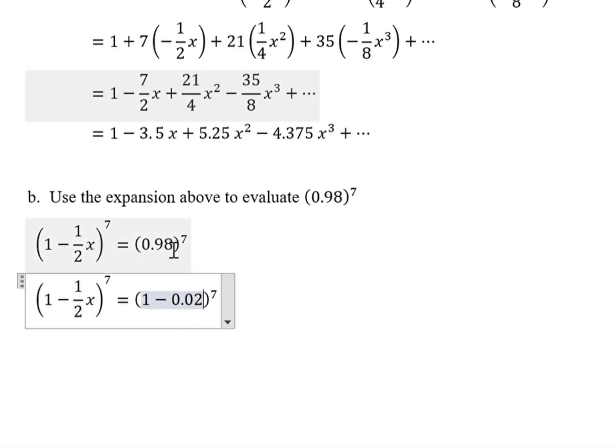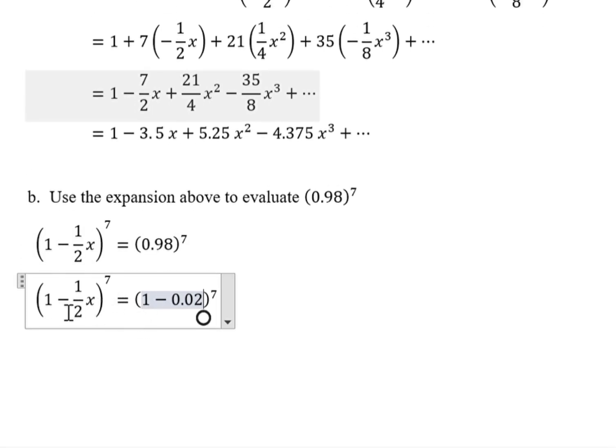I've written 0.98 as 1 minus 0.02, because we know if we simplify that, it will give us this. We are writing it in this form because we are taking the expansion of a binomial which is taking this format to solve it. Therefore, we must write it in the way that that binomial takes.